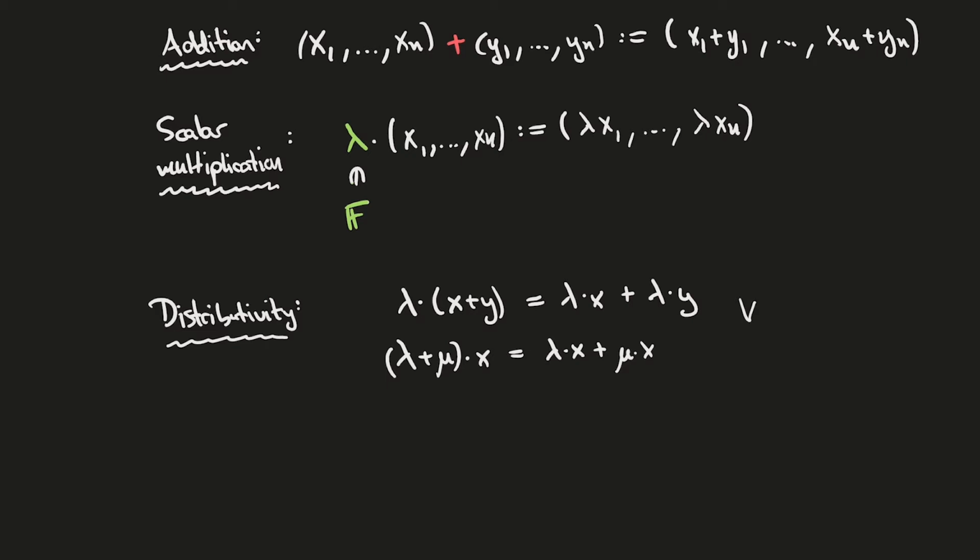And this holds for all x and y in Fn, and all lambda and mu in F. We again notice that lambda and mu are elements of the field F, while x and y are elements of Fn.